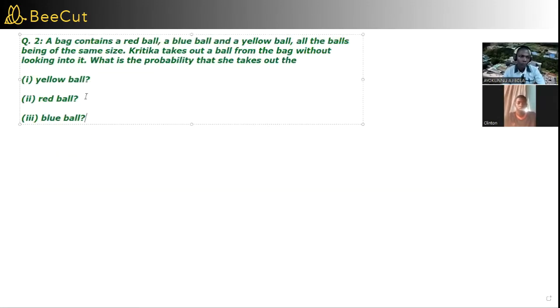The probability that she takes out a yellow ball, a red ball, and a blue ball. Then the fourth question says: neither yellow nor red.